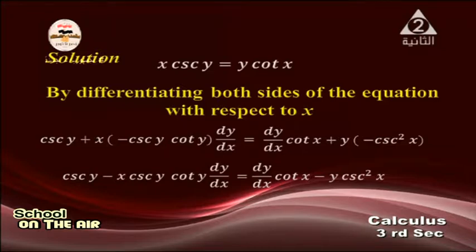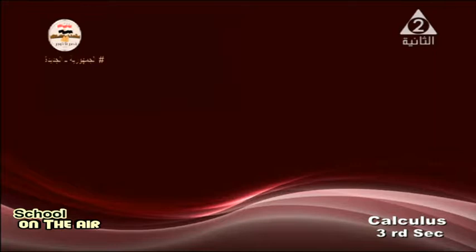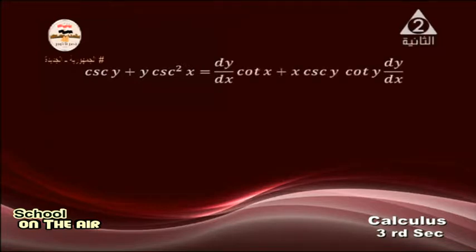Remember, we need to find dy/dx on one side. Then we can write cosec y plus y cosec²x on the left hand side equals dy/dx cotan x plus x cosec y cotan y dy/dx on the right hand side.